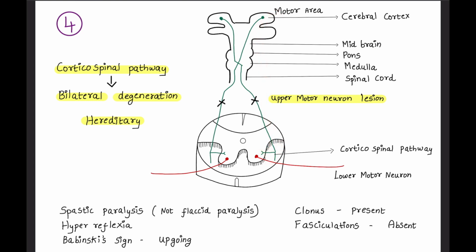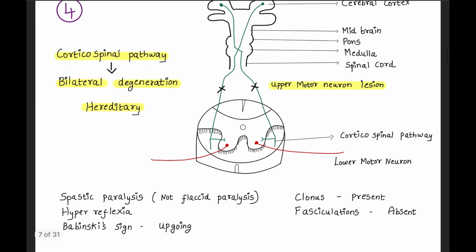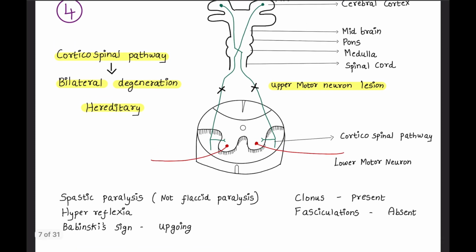This is the corticospinal tract. I have not discussed the corticospinal tract yet, because it comes under the descending tracts of the spinal cord lecture. This corticospinal tract runs from the cerebral cortex of the brain to the spinal cord. If lesions are present in the corticospinal tract, then the information from the brain to the spinal cord will not pass further. So here there is an upper motor neuron type of lesion.